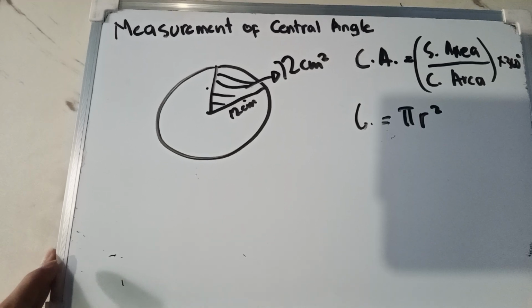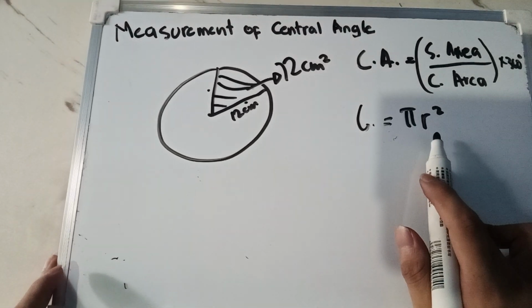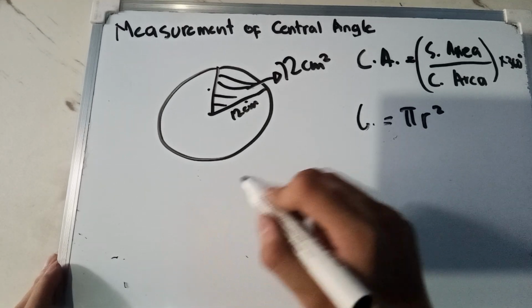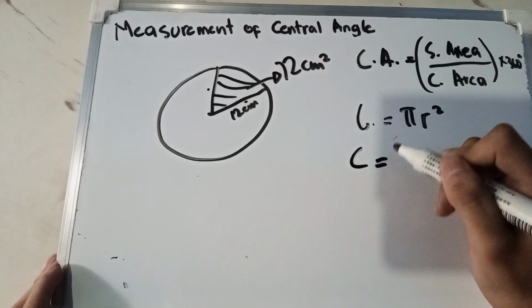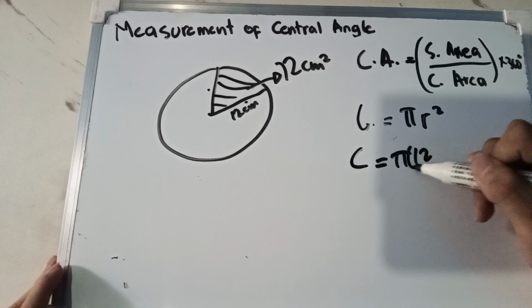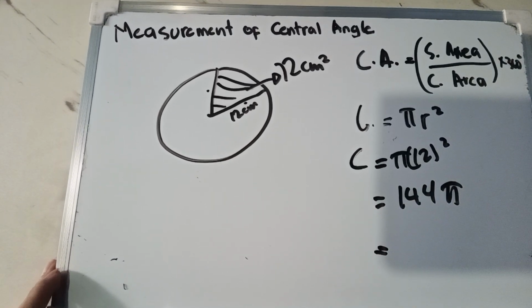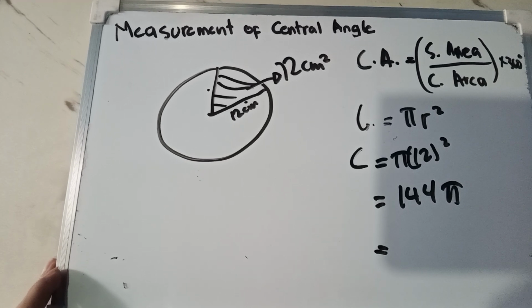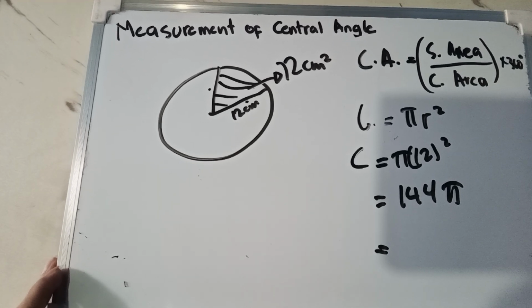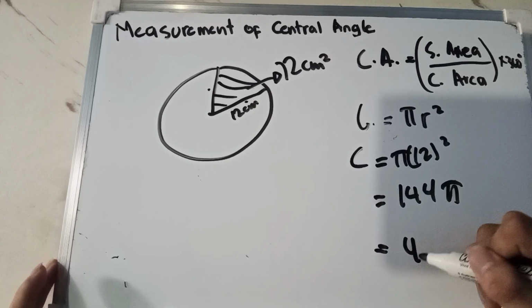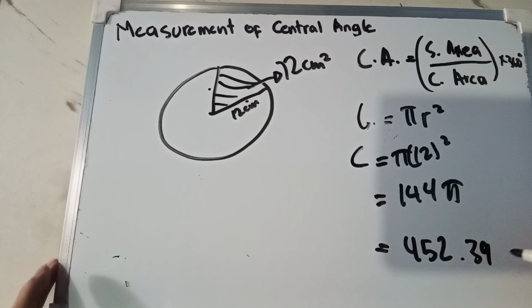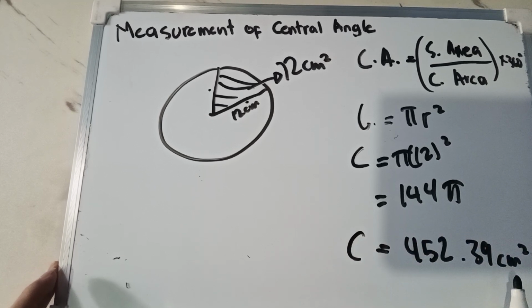So let's first solve the value of the area. The area is pi r squared, and r squared is 12 squared, so that is 144 pi, which is 452.39. So this is the value of the circle area.